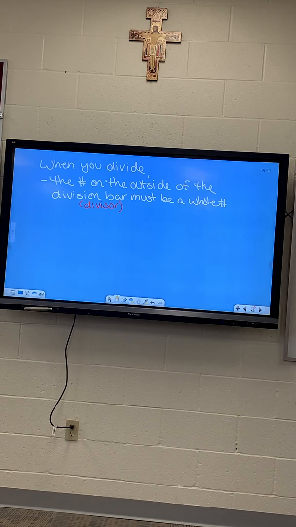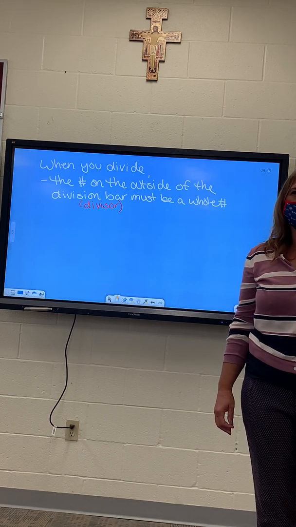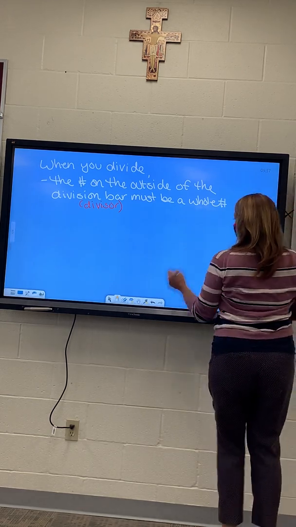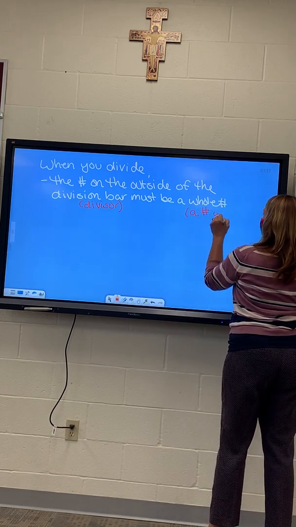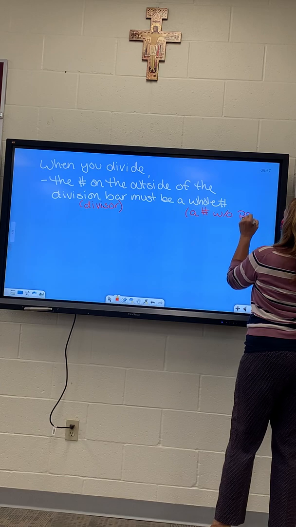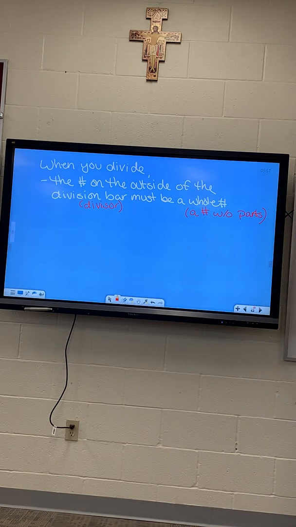The whole part of the number? What doesn't a whole number have? A fraction or a decimal. Good. A number without parts. So that number on the outside always has to be a complete number.